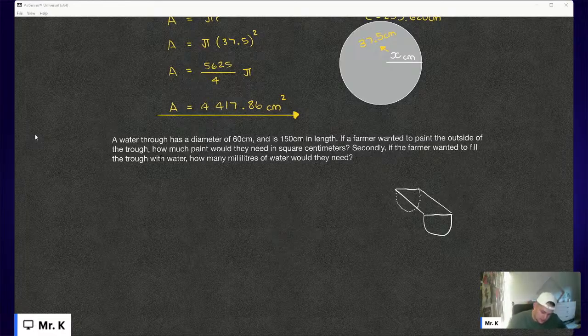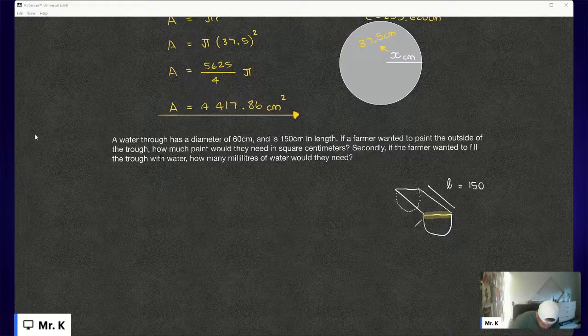These are the troughs that animals will drink out of. Now, we know that this trough has a length of 150 centimeters, and its full diameter is going to be 60 centimeters. So if we're given these measurements, how do we go about calculating the values that they have requested?